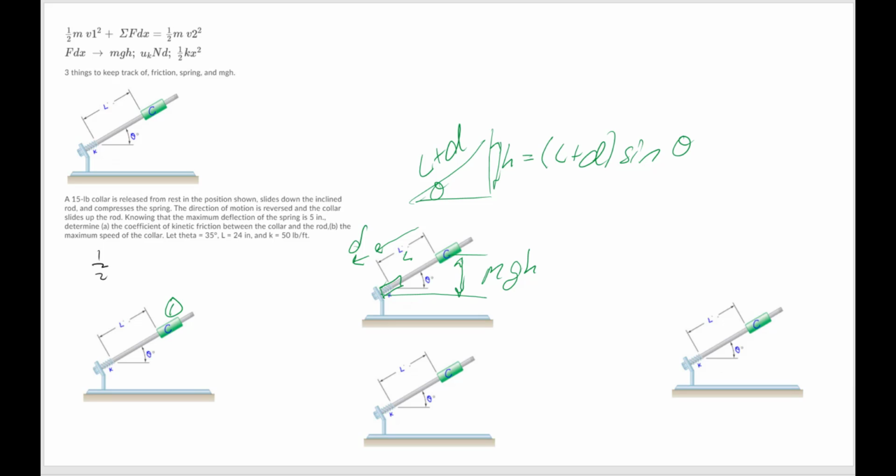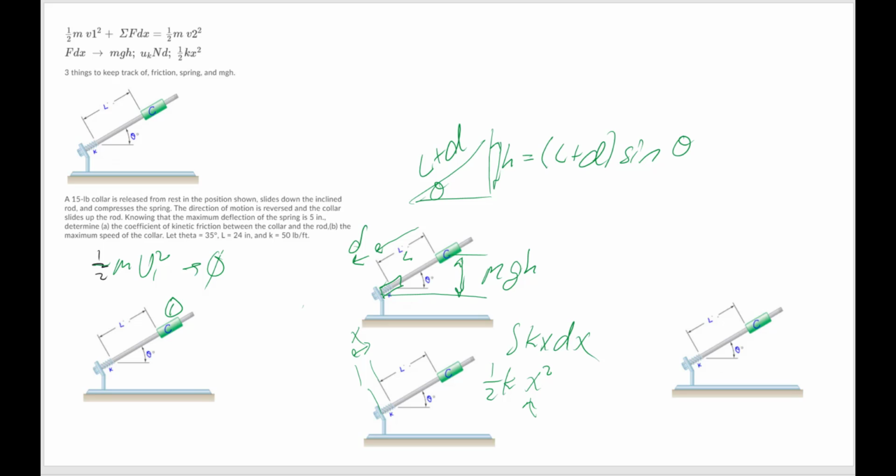And then we're also going to have your force from the spring. So this is going to be 1/2 kx squared, where x is just how much the spring is compressed. So for the starting energy of this thing, we'll say it maybe starts from rest.